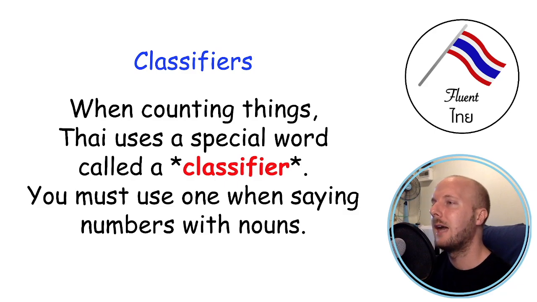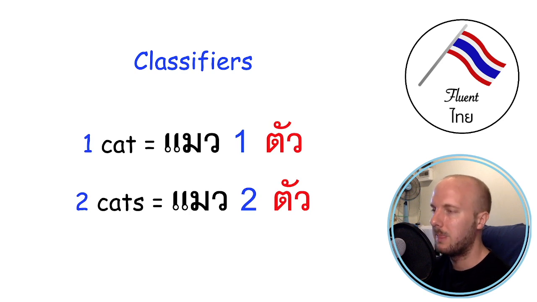Classifiers. When counting things, Thai uses a special word called a classifier. So you must use one when saying numbers with nouns. So for example, in English, we just say one cat or two cats. So to represent the plural, we just add s in English.